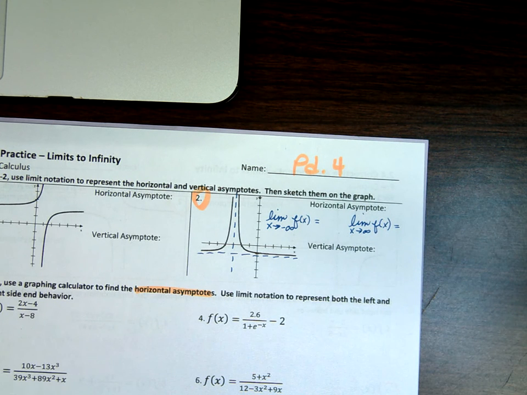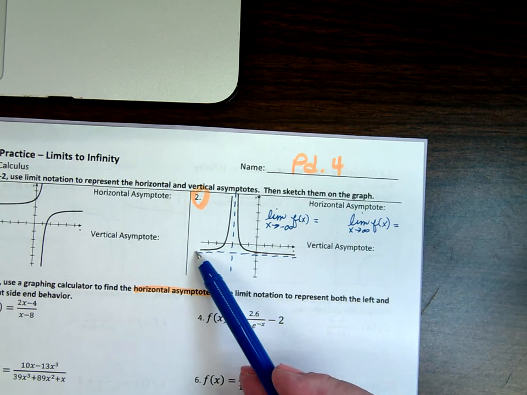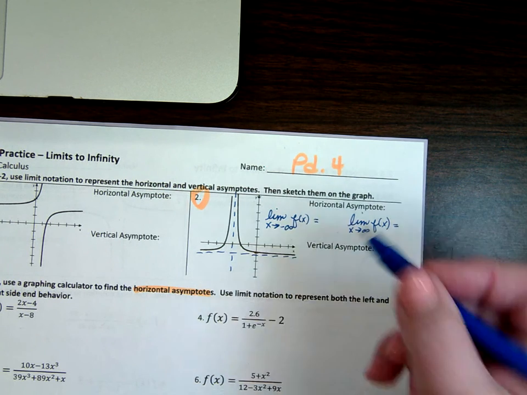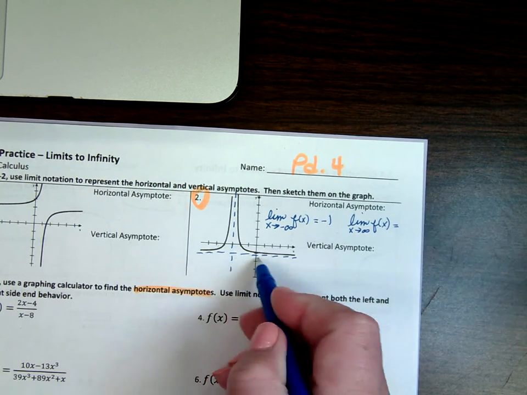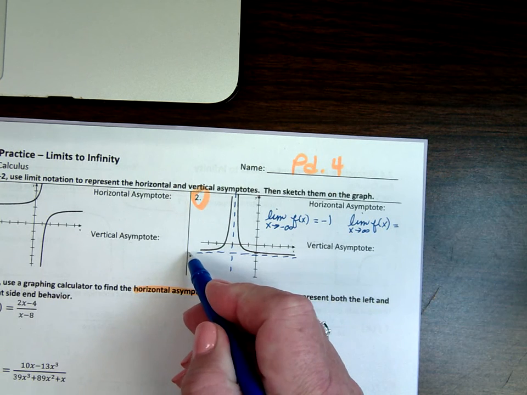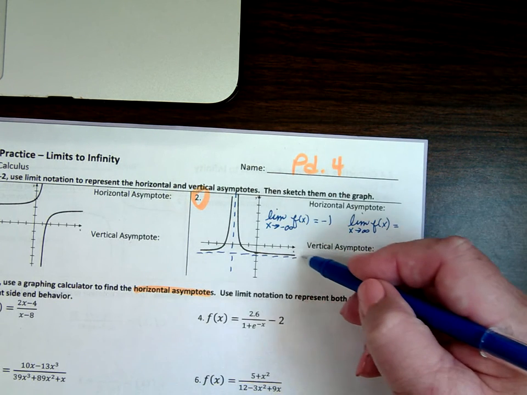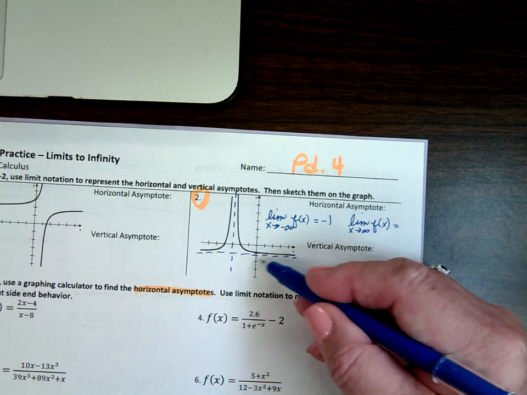So let's talk about what it does. If I'm tracing this really far to the left, what is the y value approaching? It looks like it approaches -1. If I keep going and tracing, it gets closer to where I've drawn my line at -1. And if I go really far to the right towards infinity, it gets closer to this dashed line that's also at -1.